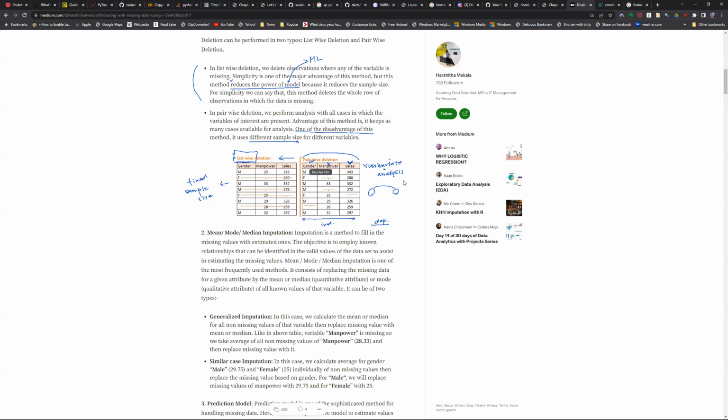So a t-test, maybe a t-test for sales and the dependent variable, manpower versus the dependent variable, or some kind of cross tabulation based on gender, for the statistics, etc. So that's the kind of thing that I wanted to talk about.